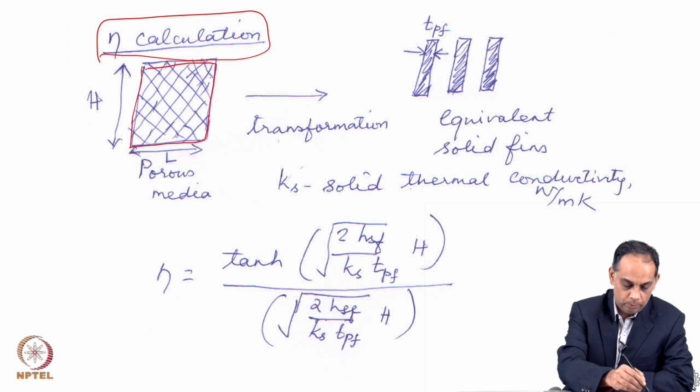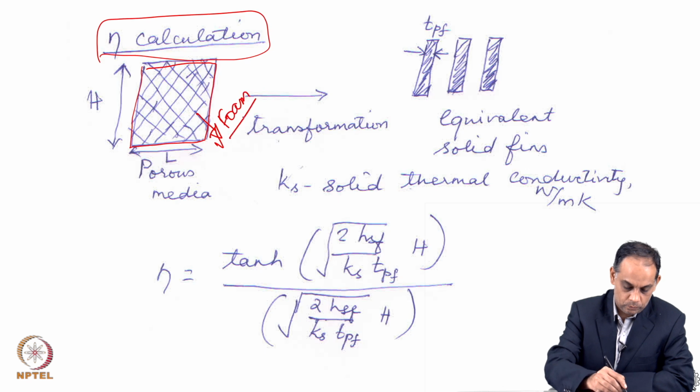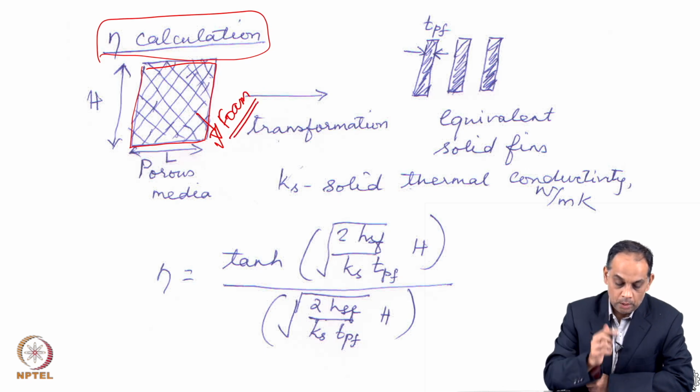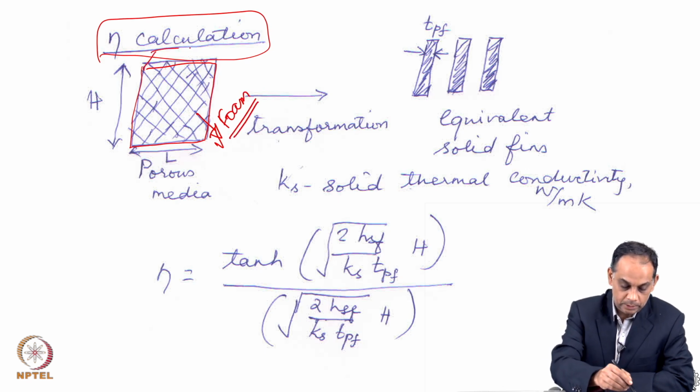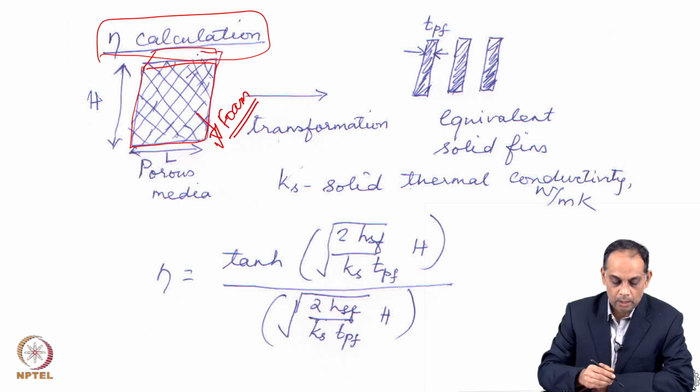If this is my foam, there is a 3-dimensional part of the foam. I am going to convert that into some kind of equivalent solid fin. How do I do that? We are going to treat this as a solid fin, and in the next page we will discuss that.